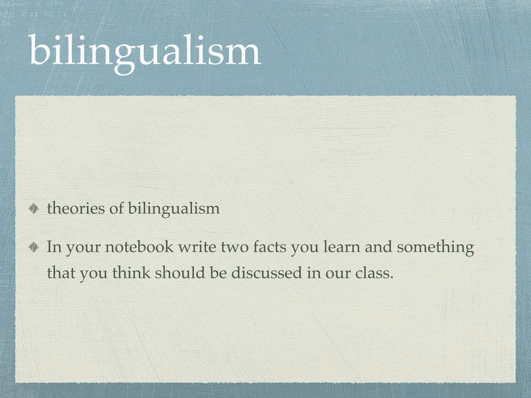Okay, last thing we're going to talk about is bilingualism, and that is the idea that a child can speak multiple languages. Once it was the thought that students could not learn as easily if they were bilingual. We now know that that's completely untrue. For children ages 8 to 12, they learn a second language more quickly than children ages 4 to 7.